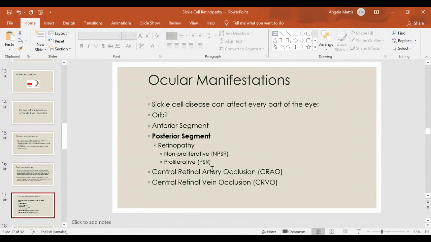You just had your lecture this morning on diabetic retinopathy, and it's kind of similar, because the pathophysiology is more or less the same, where you have new vessel formation and vascular occlusion. Other manifestations are central retinal artery occlusion and central retinal vein occlusion. These are rare, but they do occur.